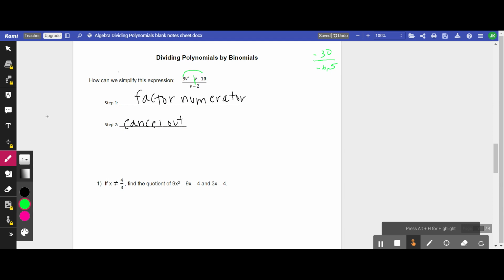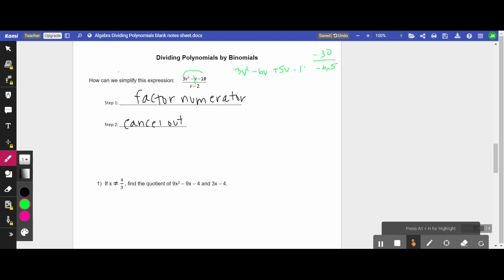So remember, your 3b squared will stay, so you can write that first here. Then you can sub in your two factors, so you'll have -6b and then plus the 5b, and then -10.